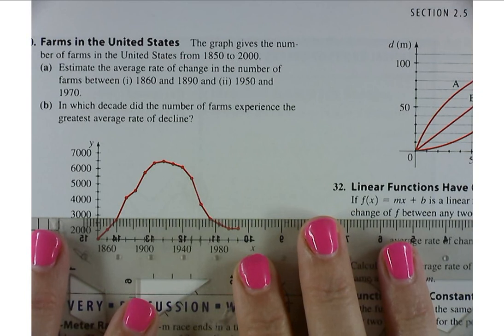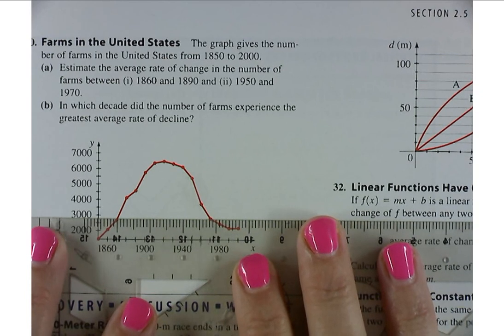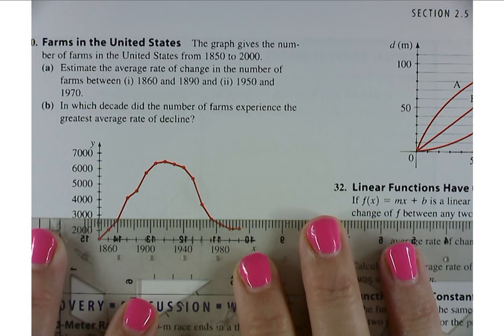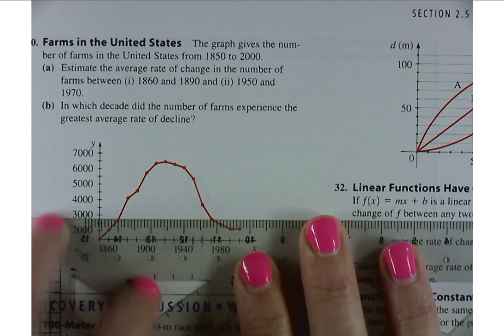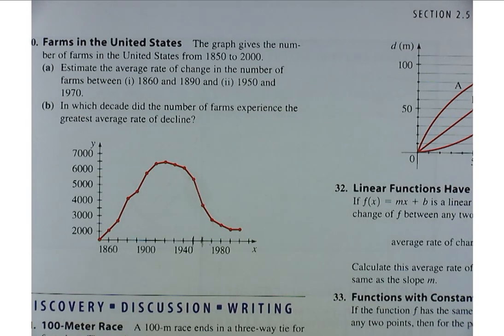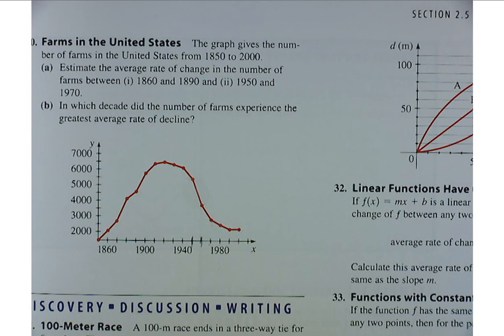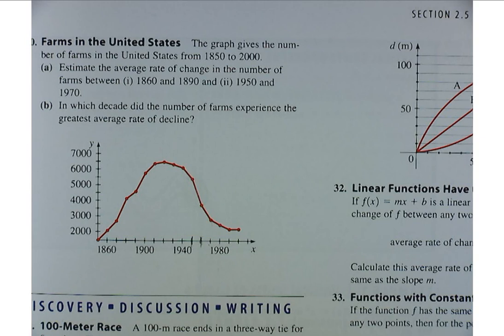This one, it looks like we may have to estimate, right? Because it doesn't look like it's exactly on the 3,000, but it definitely looks like it's above the 2,500. What would you guys estimate? I would estimate either 2,800 or 2,700. Either one of those would be fine. I think I did use 2,800, but I would be perfectly fine with 2,700 as well.